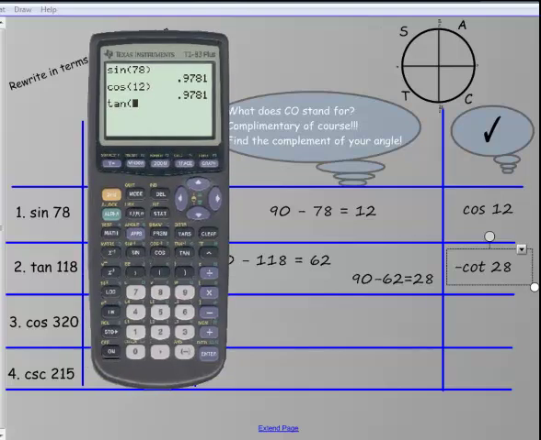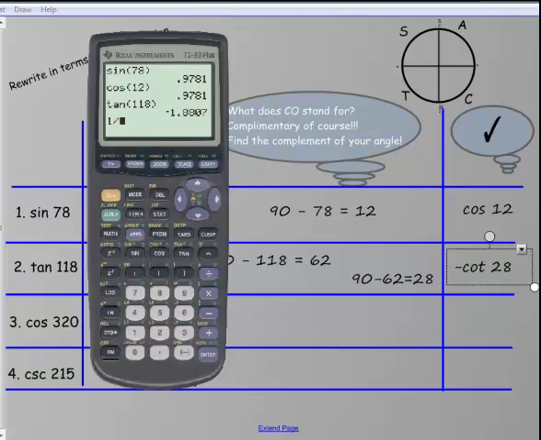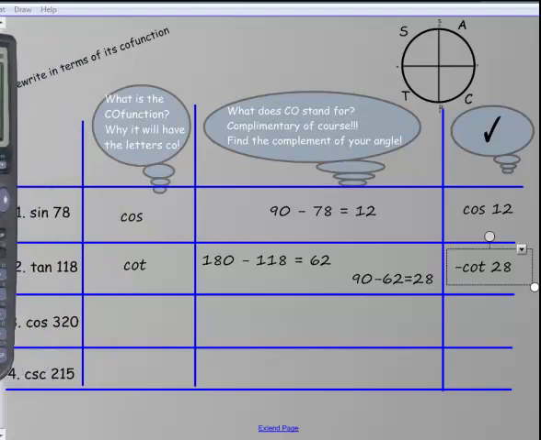If you take the tangent of 118, see how the answer is negative? If I take the cotangent of 28, see how the answer is positive? Well, that's because 28 is an angle in the first quadrant where everybody is positive. So I've got to throw that negative on front to make it work.